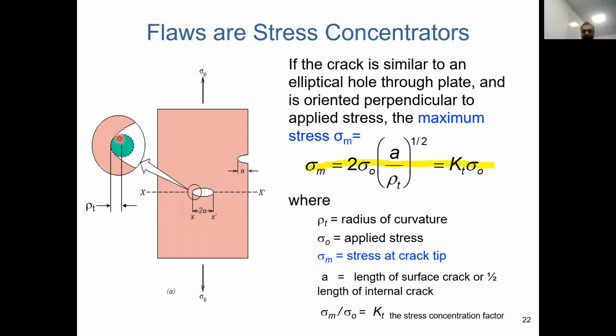So it's this part, this is rho T. The stress applied is sigma naught. And a is the length of the crack. The total is 2a, so a is half of the length of the surface crack. Sigma m over sigma naught is called the stress concentration factor, KT.